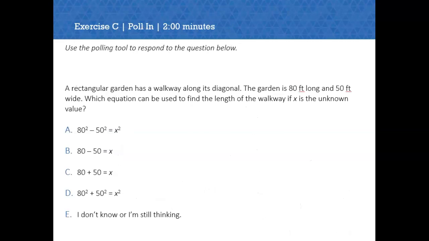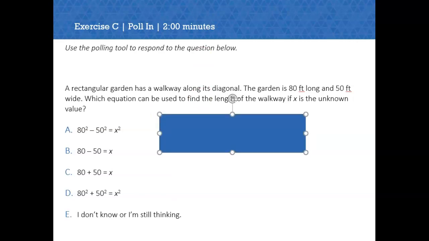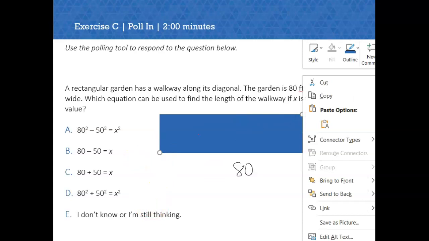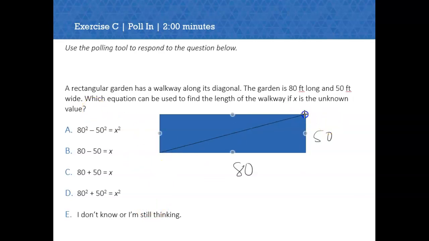A rectangular garden has a walkway along its diagonal. The garden is 80 feet long and 50 feet wide. What equation can be used to find the length of the walkway if x is the unknown value? I always think it's best to get our picture up here so we can label and then we're not guessing. So it's 80 feet long, 50 feet wide, and then let me get a line out this time. The diagonal is right here.